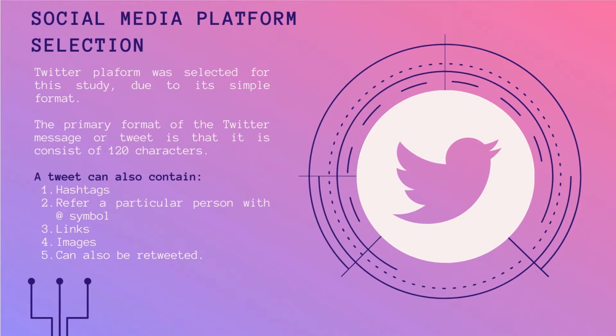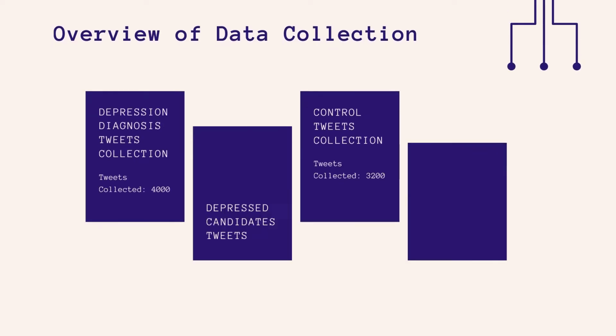Social media platform selection. The Twitter platform was selected because of the simple format of its tweet, which can contain approximately 120 characters. A tweet can also contain a hashtag, a particular person can be referred to with an @ symbol, and it can include links and images, and a tweet can also be reshared. Overview of data collection.